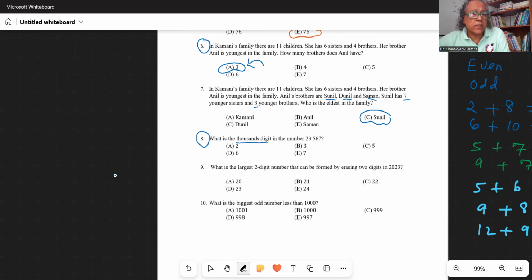Now, let's take this number, 23,567. We read the numbers from left to right. First we have a 2. That is not just a 2.